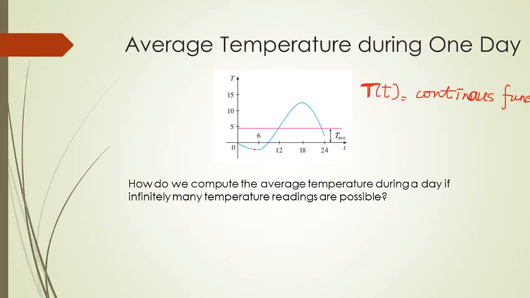How can we check a function is continuous from the graph? It's connected everywhere, right? It's smooth. There is no hole, no jump or breakout. So the function is continuous.